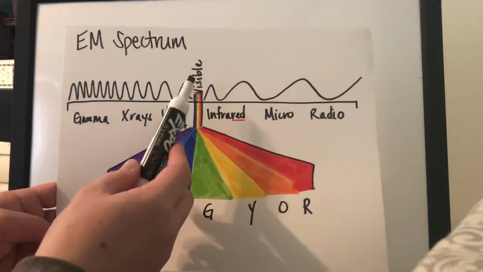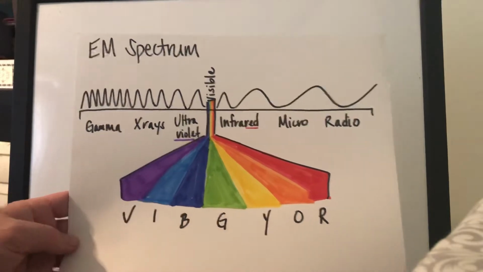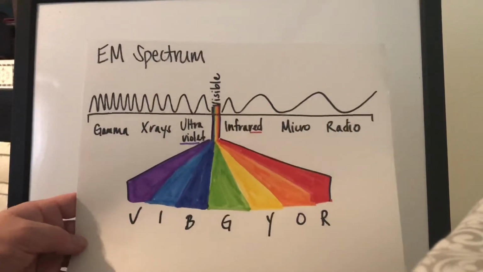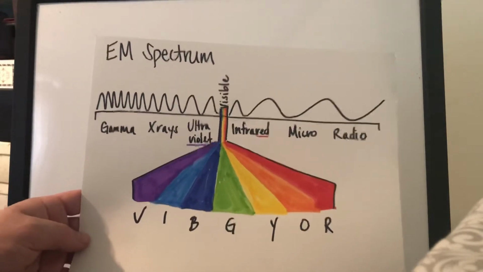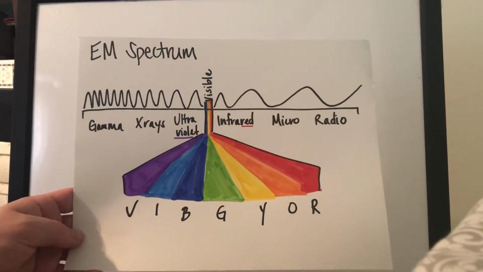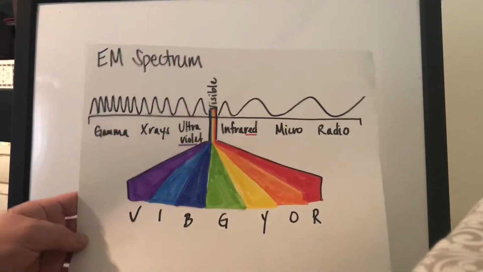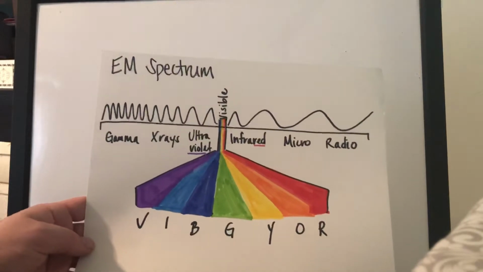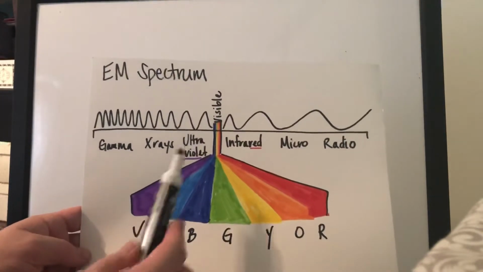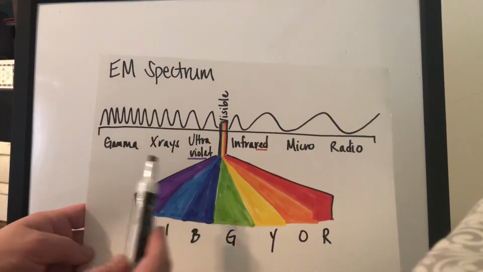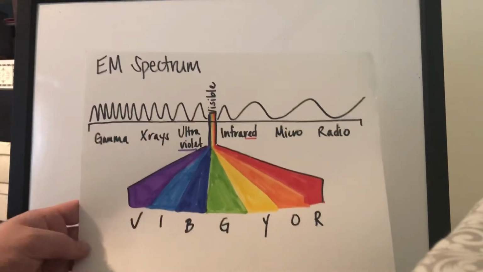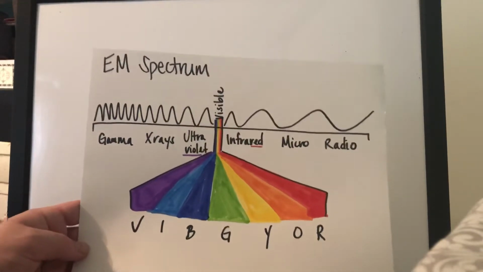So past the visible light, we have ultraviolet, which comes from the sun. And if you have ever read a sunscreen bottle when you're purchasing sunscreen, it'll say protects from UVA and UVB, and those are types of ultraviolet light from the sun. So we're getting more energetic up on this end of the spectrum, much more energy involved with these types of light. Then we have X-rays.